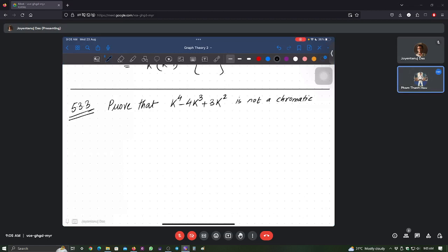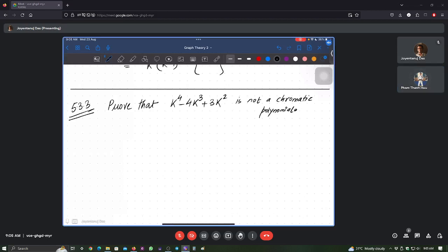What this means is that you cannot actually have a graph that has a chromatic polynomial like this, right?